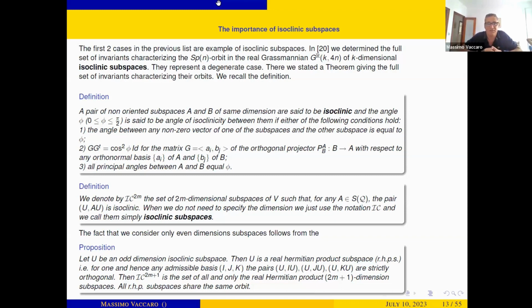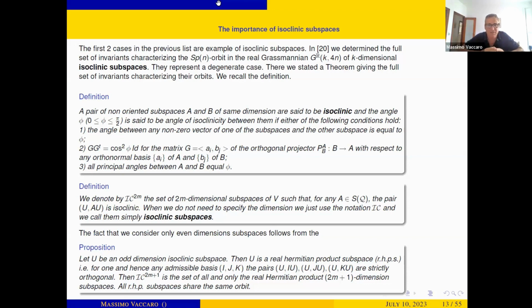The three are equivalent. The angle between any non-zero vector of one of the subspaces and the other subspace is equal to phi. That is, the angle between one vector and its projection on the other subspace. Then G composed with G transpose is a scalar matrix, cosine squared phi times the identity.